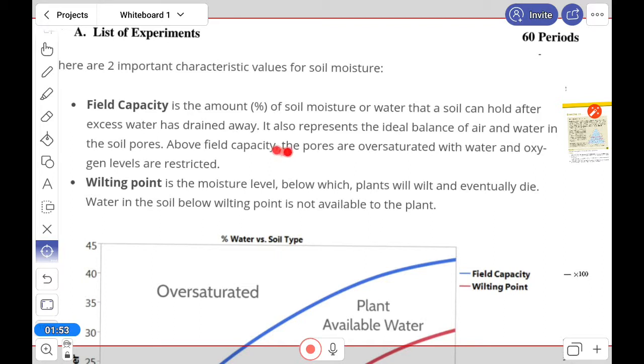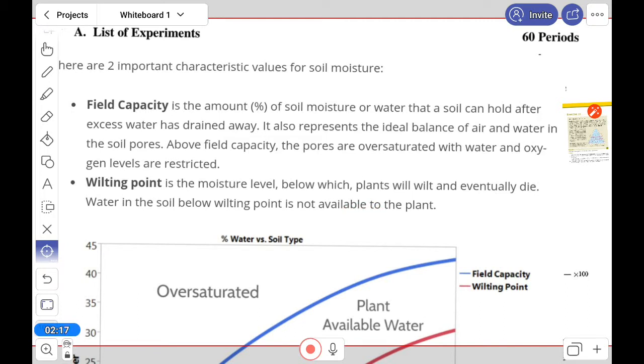So an equal balance should be there. And another is the wilting point. When the moisture level is very low, the plant cannot tolerate it, will wilt and eventually die. So water in the soil below the wilting point is not available to the plant.